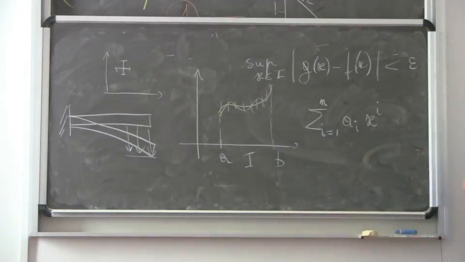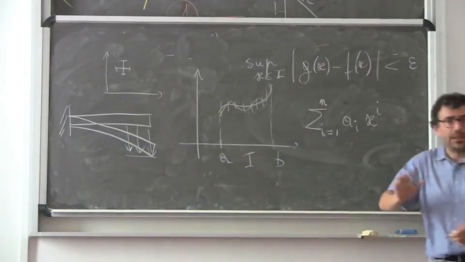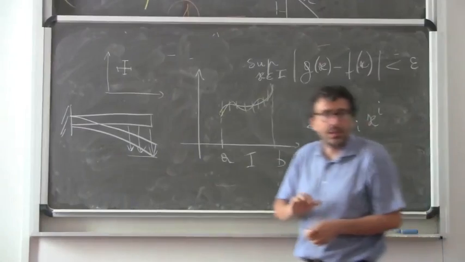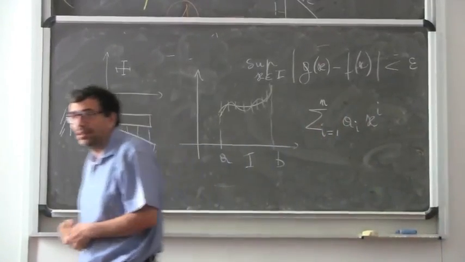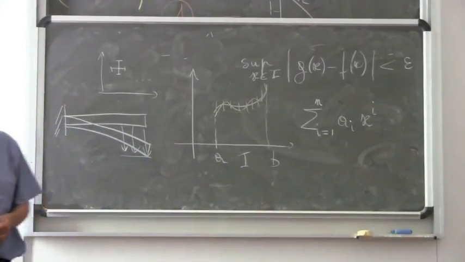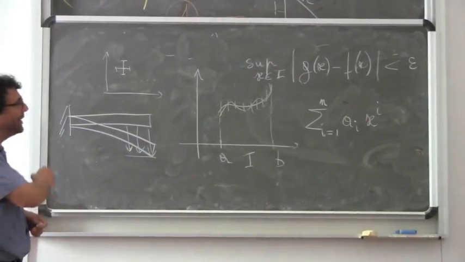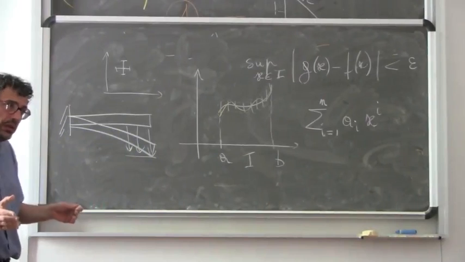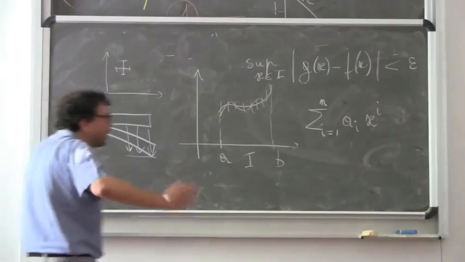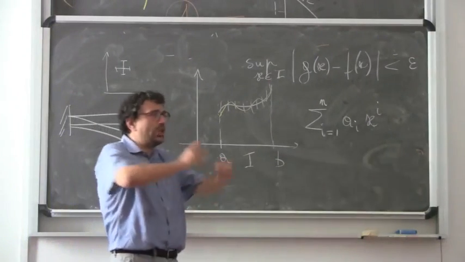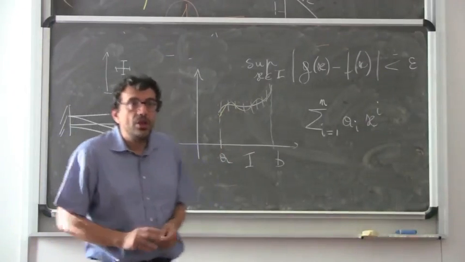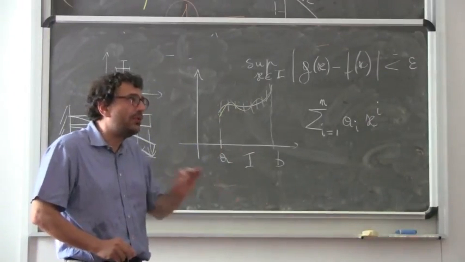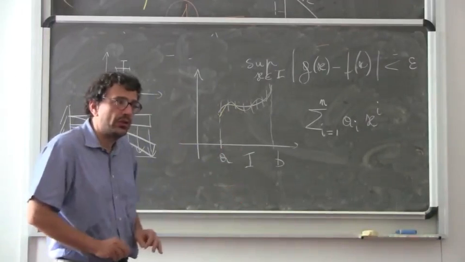This theorem is fundamental in computer science and in numerical analysis, because it means that whatever continuous function you have, which is the solution of your problem, whichever is your problem, you can always find a polynomial which is close to this function.